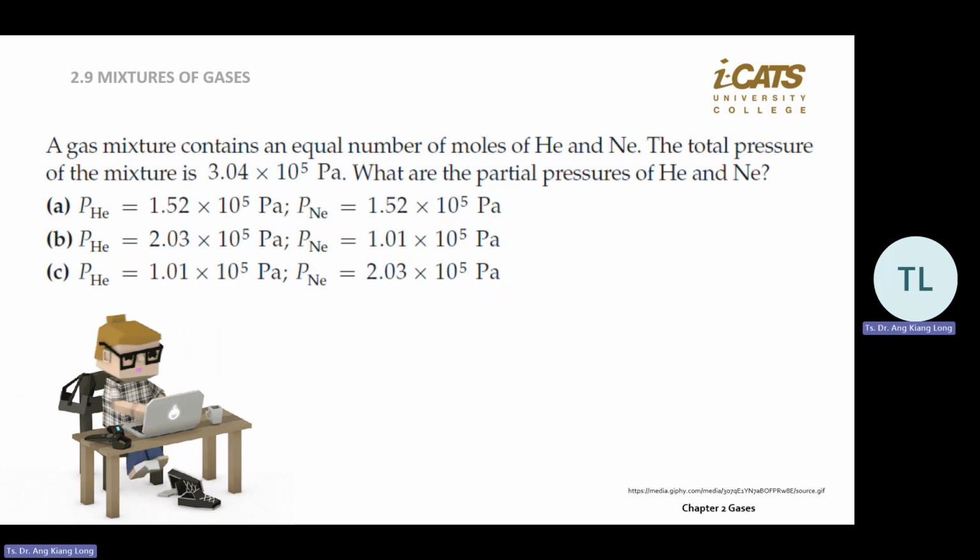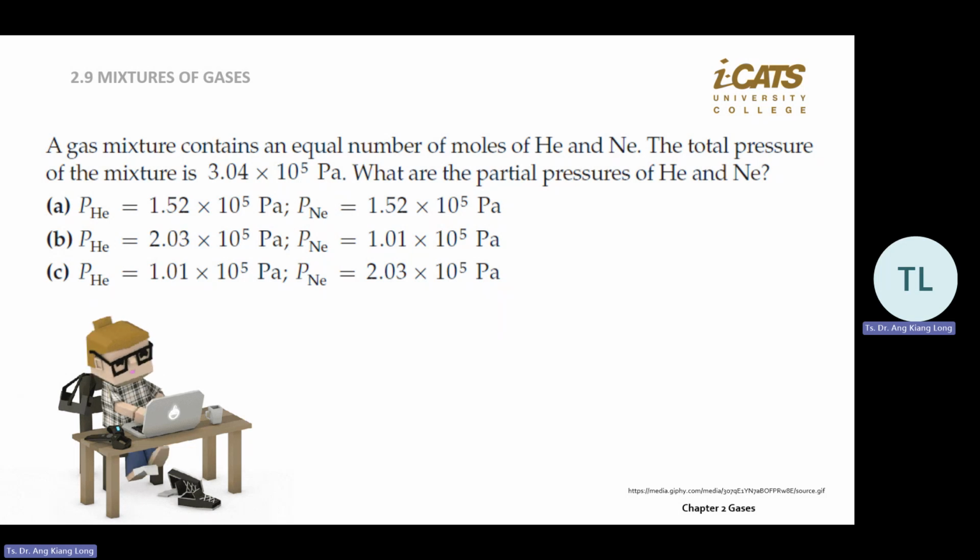P total equal to P1 plus P2 plus P3 and so on, or PA, PB, PC. Here you only have 2. P total equal PHe plus PNe. Then it tells you equal number of moles.